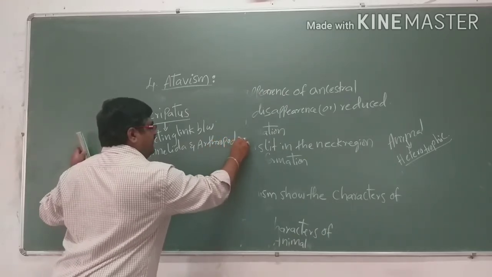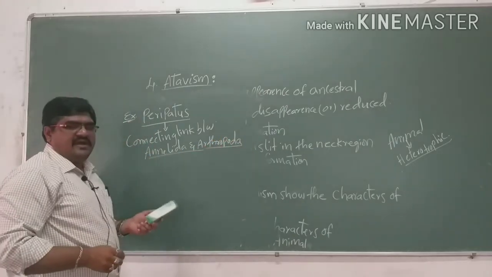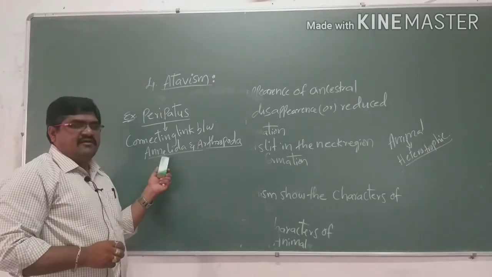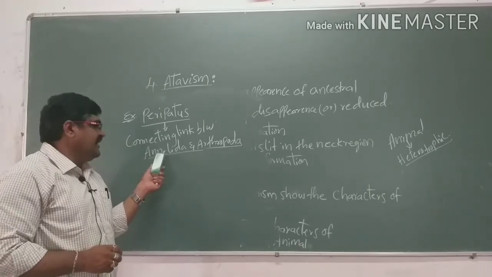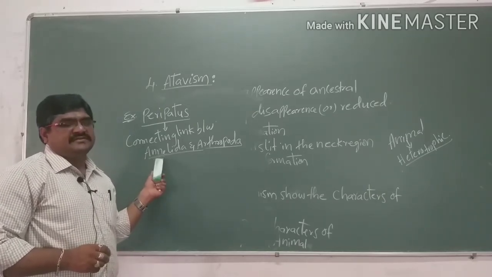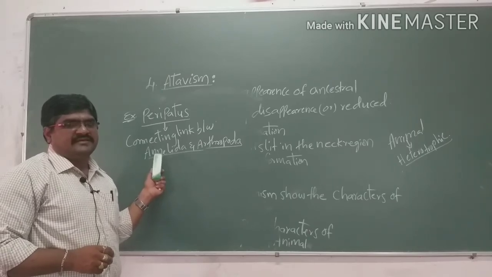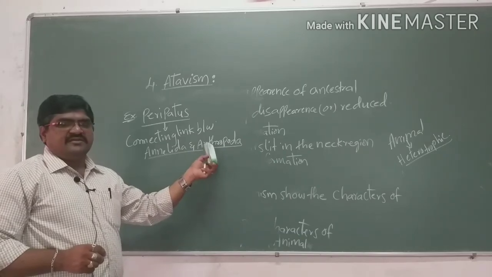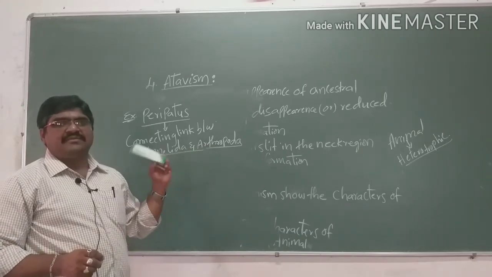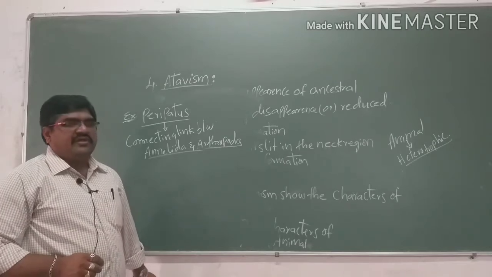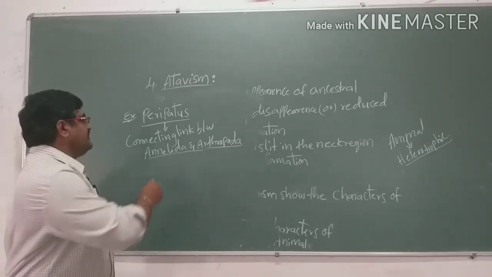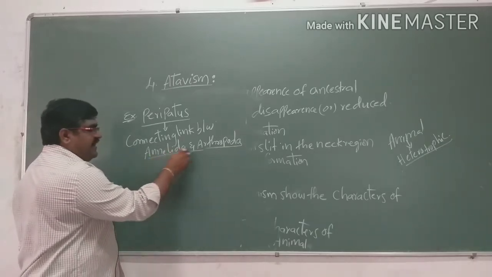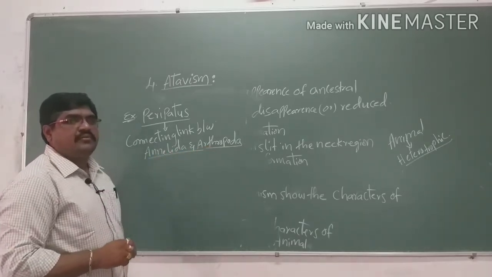It has characters of both Annelida and Arthropoda. Annelida have a segmented body, and Arthropoda have jointed legs. Peripatus shows the connection between Annelida as well as Arthropoda.